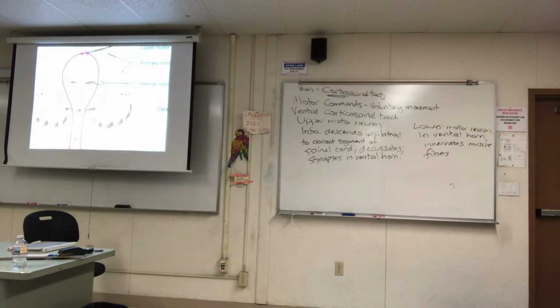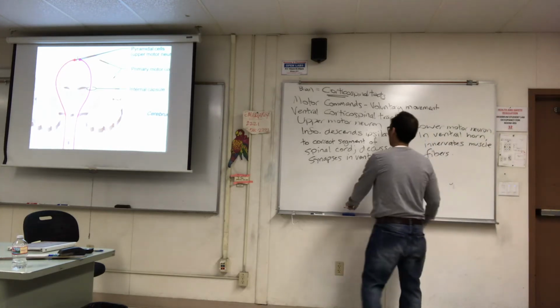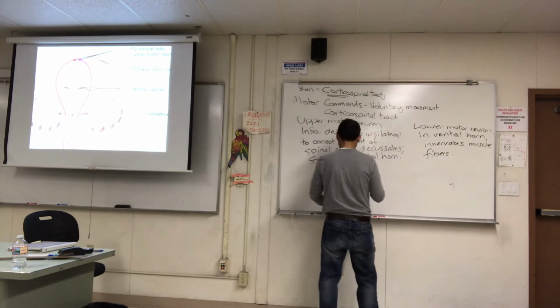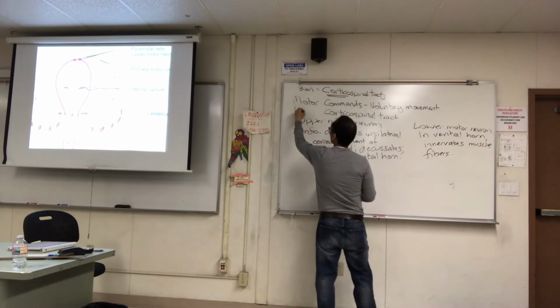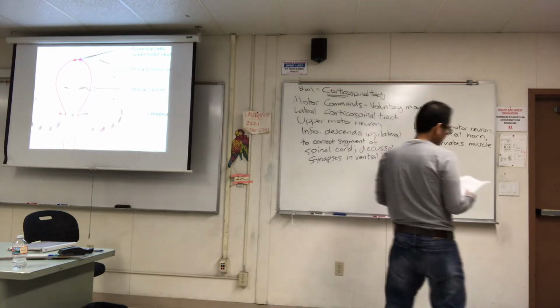The other one is called the lateral corticospinal tract. So to take you through that, I just have to change a few words here. Instead of ventral, it's lateral. And follow it down.